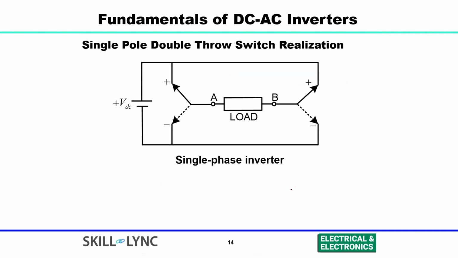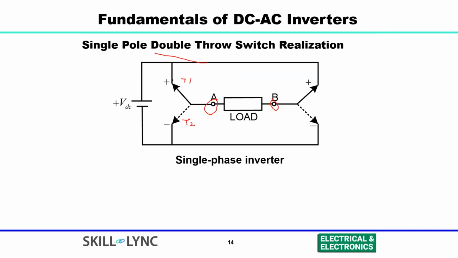So how can we realize the same phenomenon we discussed? We need to connect plus VDC, minus VDC and zero states. We have two poles here, pole A and pole B, and we can realize this using a single pole double throw switch. So this is one throw and this is the other. We can move the switch to the positive or negative direction.